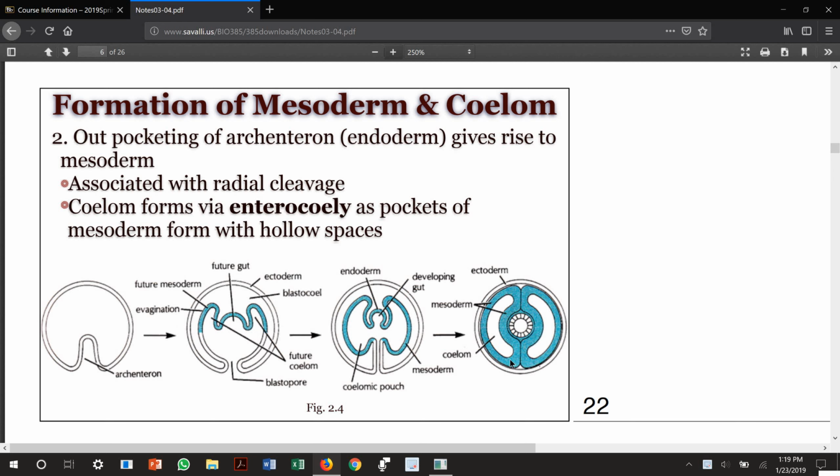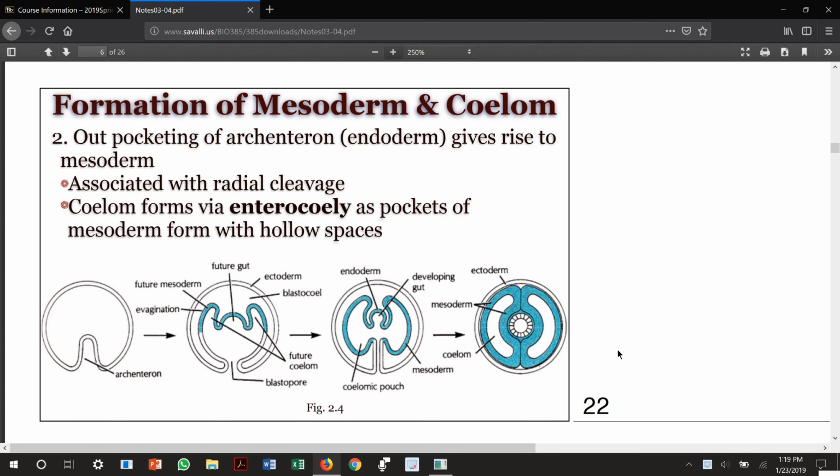So again, you have two. So here you're forming the coelom via what's called enterocoely, where the coelom is formed by being basically trapped in these outpocketing guts here. So it originally was basically an outpocketing of the gut that becomes sealed off from the gut and captures a cavity inside that way, and that's the coelom.